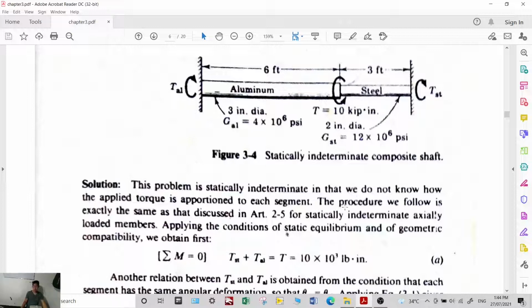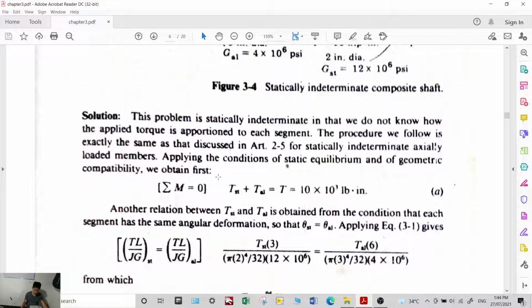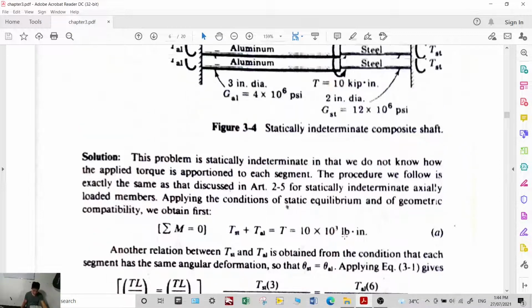Okay? If you transfer the applied torque to the right side, you get this equation. So we need to get another equation that has the coefficient of torque.